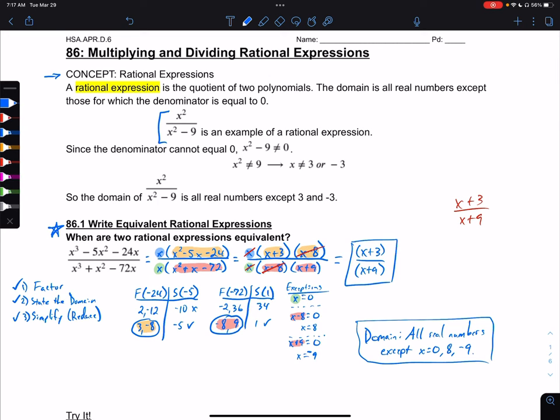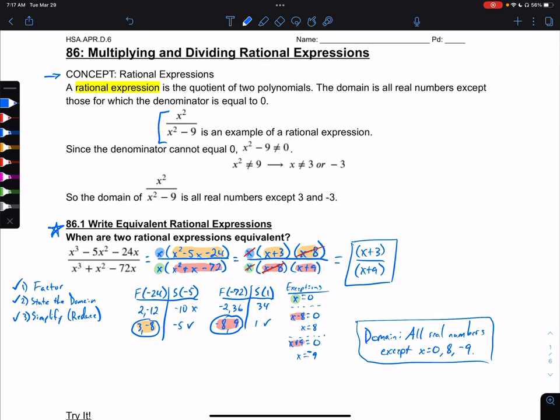But you cannot cancel out x's if it's something like x plus 3 and x plus 9. So I always like to put those in parentheses to remind myself that they're a group, they stay together, and if I want to cancel out, in this case, the x, I have to cancel out the entire expression, x plus 3.